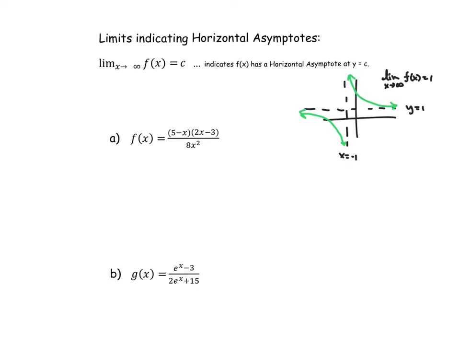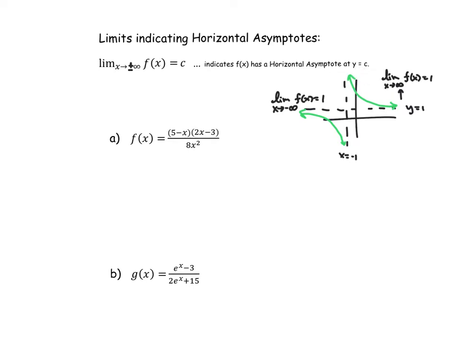So we would see that there'd be a limit at infinity. As x approaches infinity, or this other way, as x approaches negative infinity, we would notice a trend. So here, by definition, the limit as x approaches positive or negative infinity of f of x equals c indicates that f of x has a horizontal asymptote at y equals c.